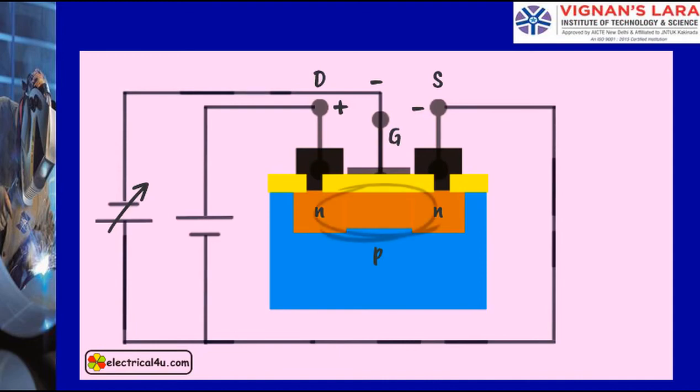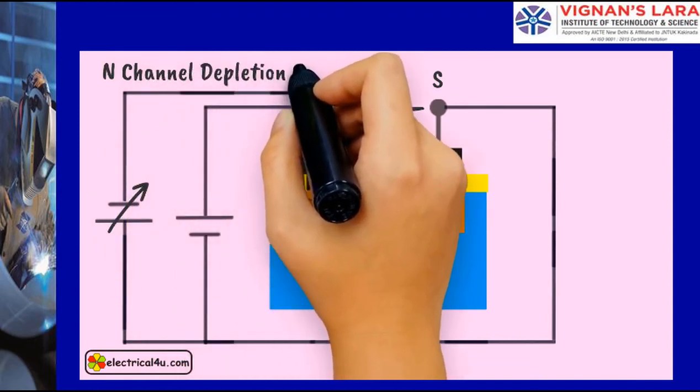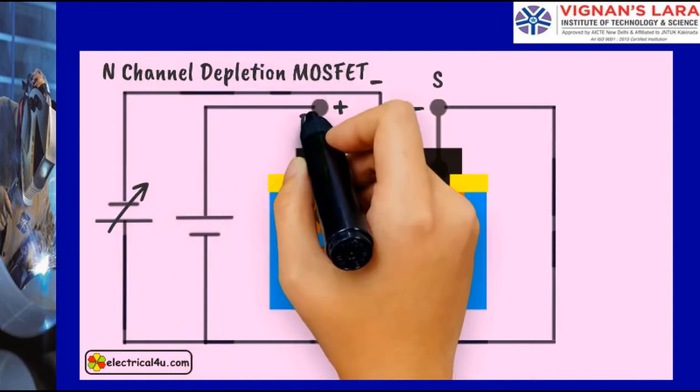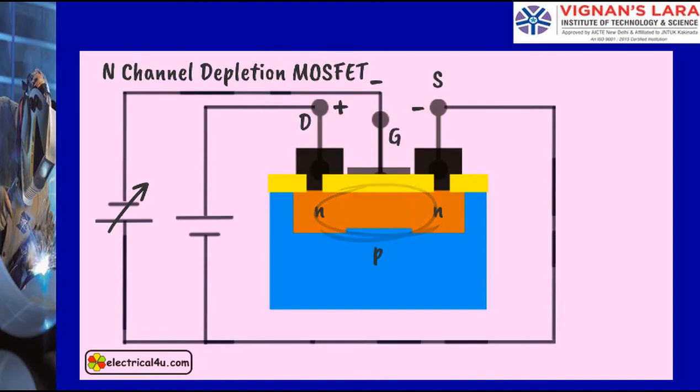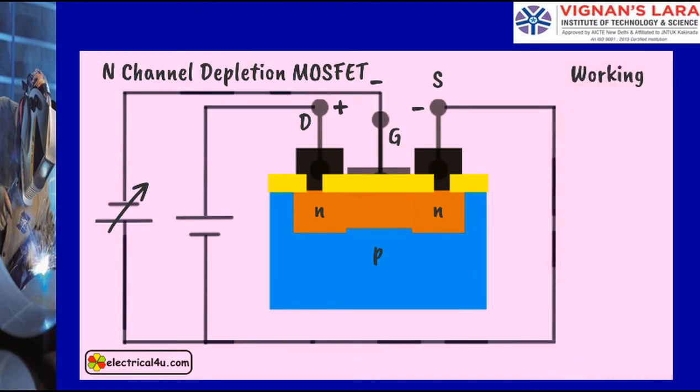The MOSFET fabricated by diffusing an N channel between drain and source is called an N-channel depletion MOSFET. The main advantage of this MOSFET is that it can be used for controlling drain to source current, even for negative gate voltage. Now let us explain the basic working principle of this depletion MOSFET.